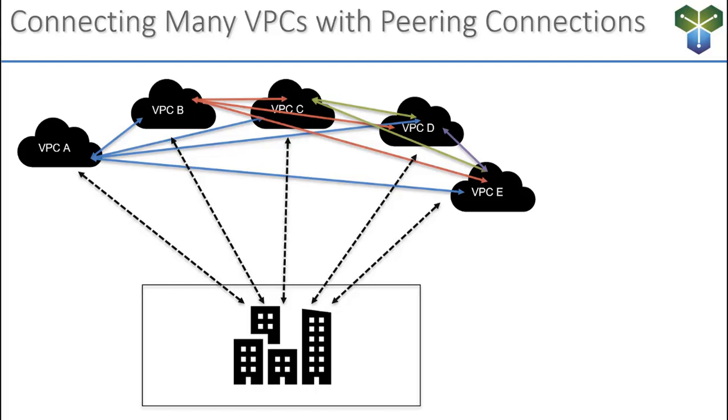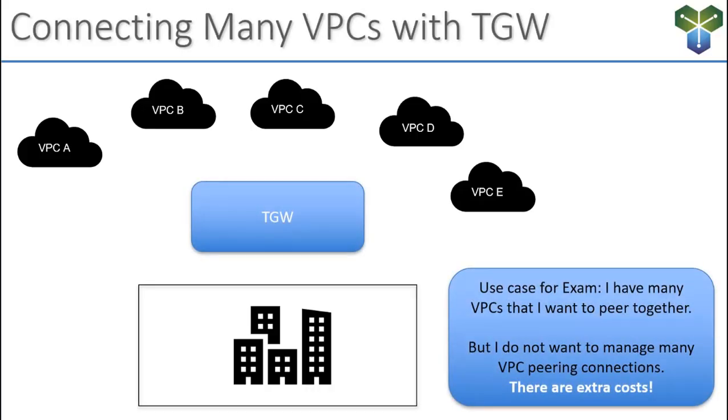So the use case that we're thinking of here, and by the way, if you're preparing for a certification test like the AWS Architect Associate, that's the use case that's covered on the exam, is the fact that we have many VPCs that we want to peer together, but we don't want to manage a bunch of VPC peering connections.